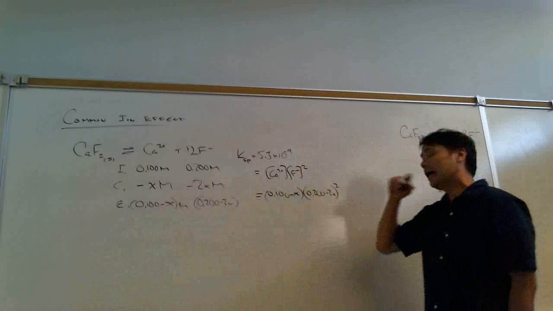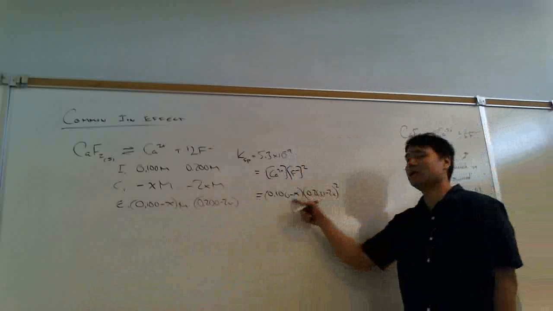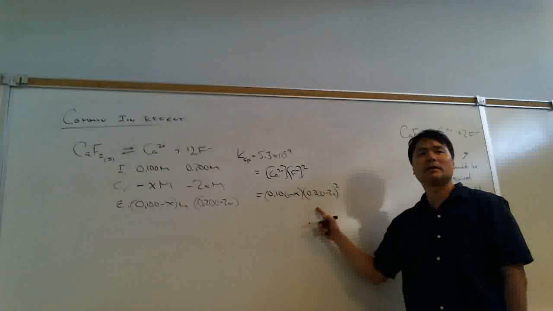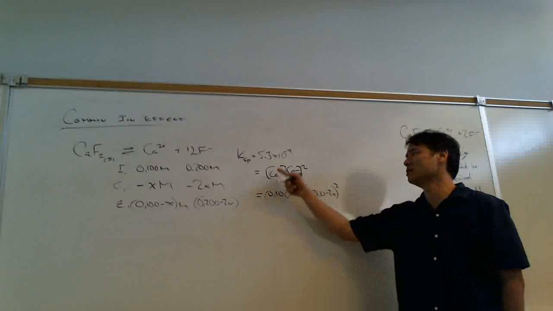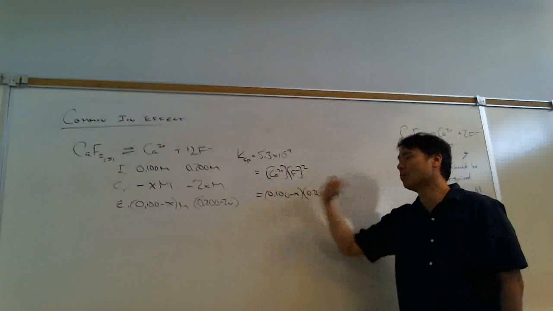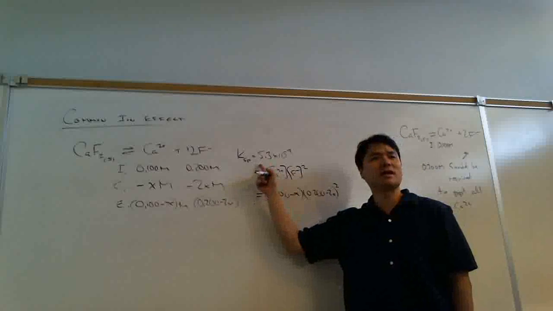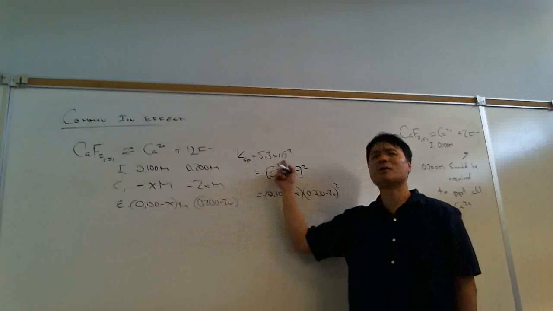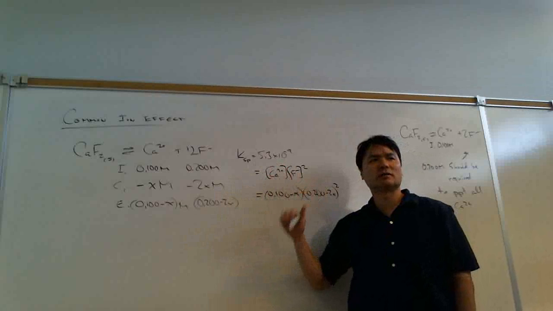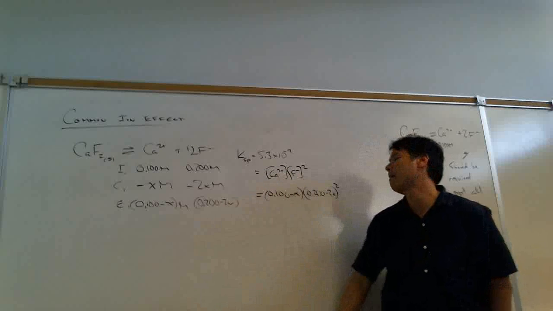And so I know that the SA won't work here because the change in the reverse direction is going to be huge. If it were plus x and plus 2x, I'd say, yeah, for sure, do the SA, because we expect a very small change in the forward direction. Does that make sense? Okay.